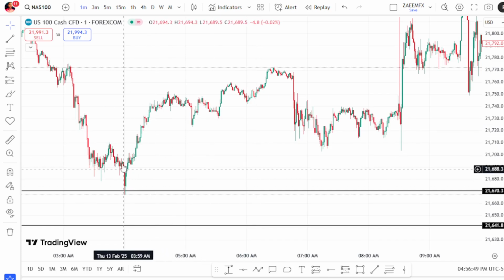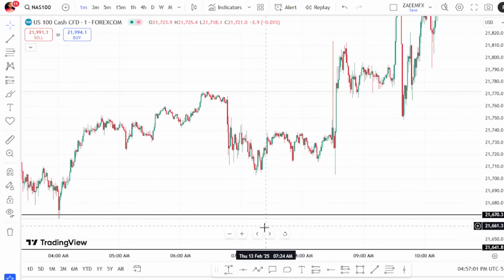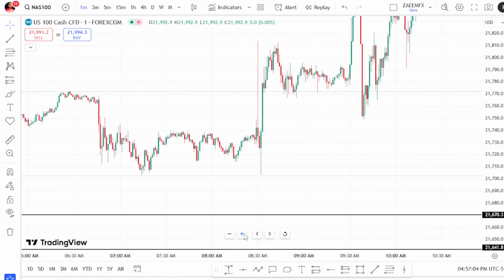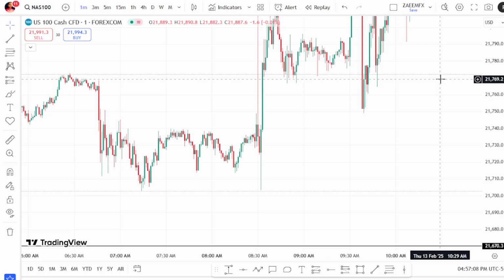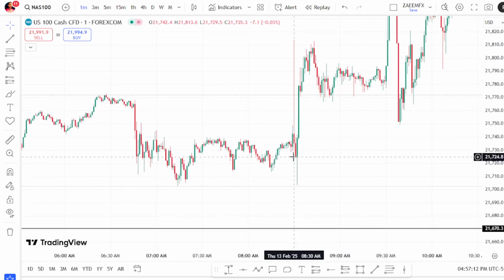So this is in the morning when price hit this first level here. Then I was waiting, because on the NASDAQ I like the 930 price action. Any setup that forms after the 930, I consider as a unique setup for me. So I just entered here.